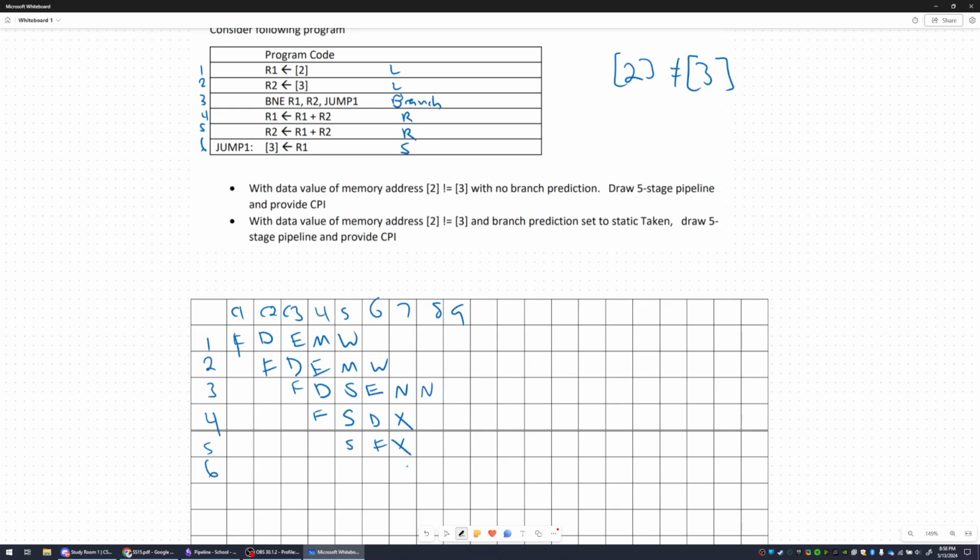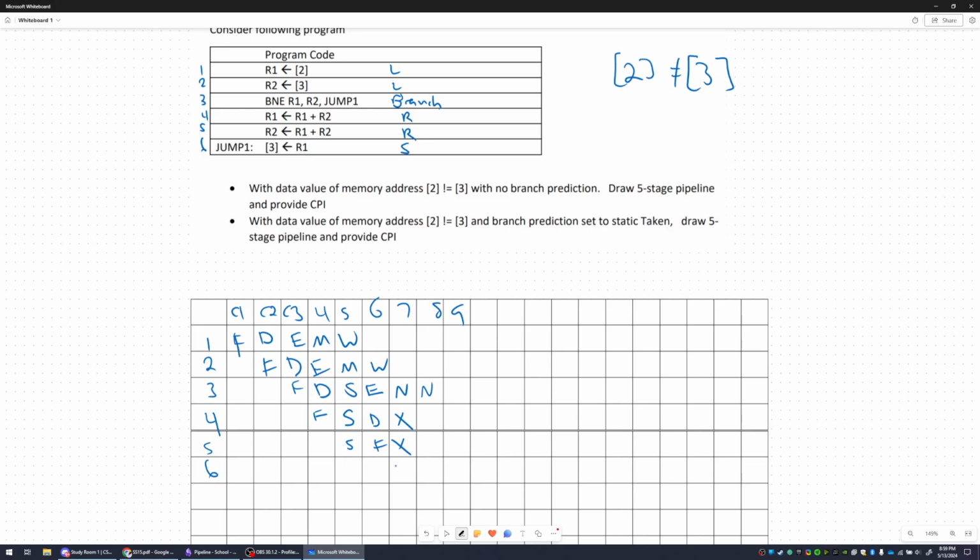Stall. Flushed after decode. There's no branch prediction. Shouldn't it be after the exec? Because after the exec is when you find out that I don't need lines 4 and 5. I have to decode on line 4. Okay, yeah, so this is right then. It's exec on line 3, but he's saying that it's flushed after this decode on line 4.